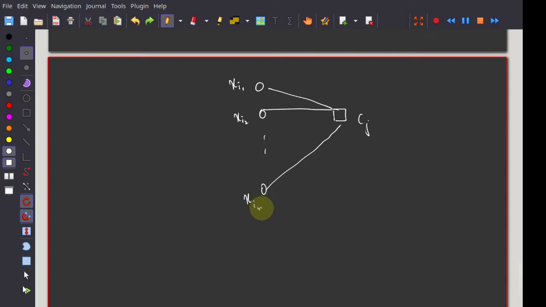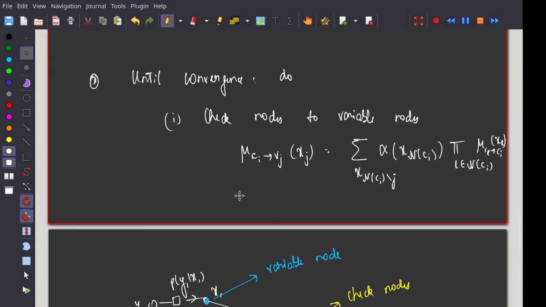Maybe the jth check node has m neighbors, and I want to compute the message along this particular edge, that is from Cj to Vim. How do I compute this? I take the product of all the other incoming messages. I multiply it with the local function, and then marginalize with respect to everything else except xim. That's exactly what I have written over here.